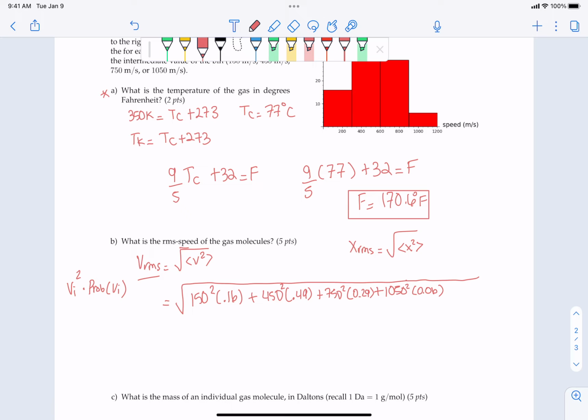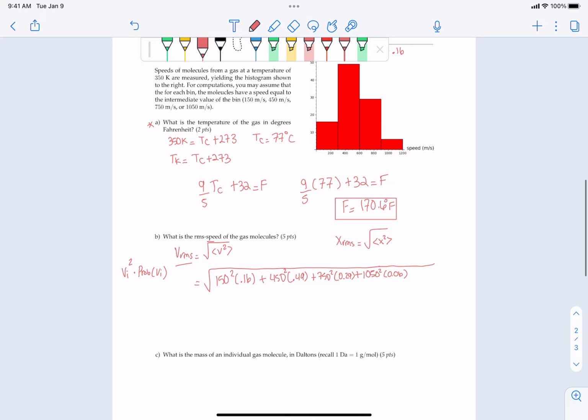Here's a quick sanity check when you're doing this on a quiz or exam. If you're not confident in your counting, or the graph seems a bit off and you're not sure about the tick marks, go back and add up the probabilities: 0.16 plus 0.49 plus 0.29 plus 0.06. Make sure they add up to 1. If they do, you're good, because all the probabilities should add up to 1.